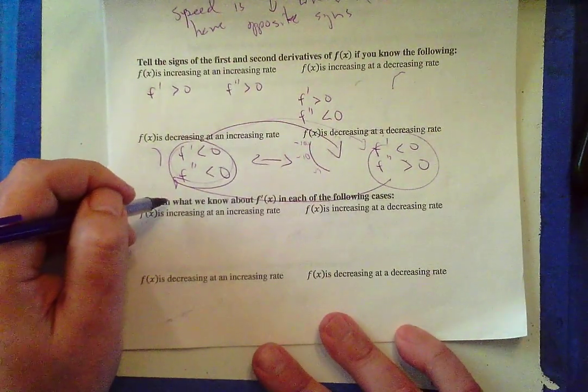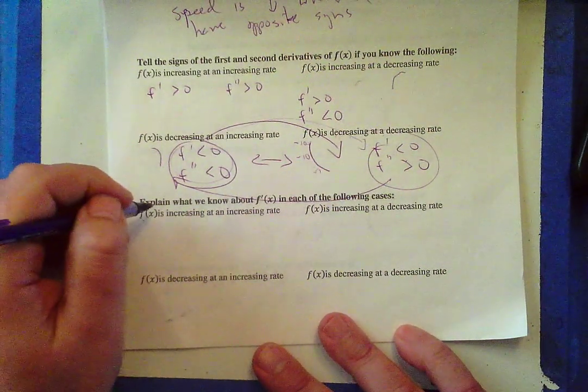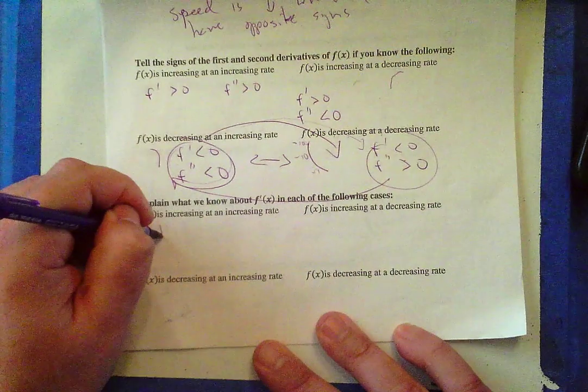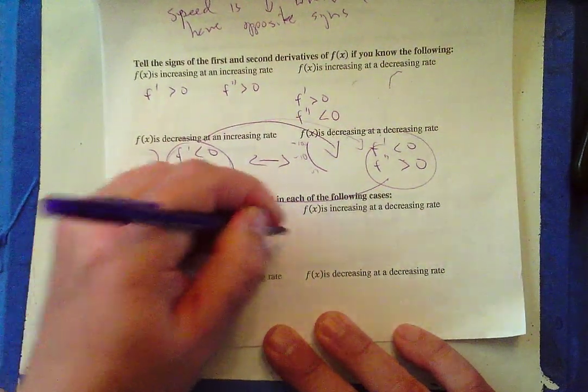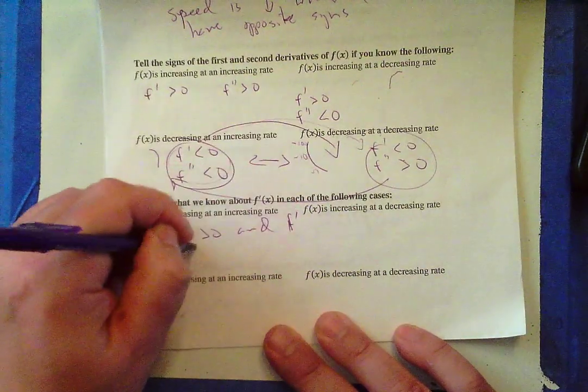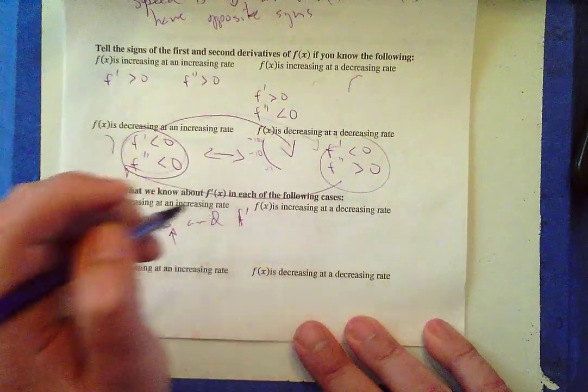What do we know about f prime in each of the following cases? Increasing at an increasing rate. We know that f prime is greater than 0 and f prime is increasing. f is increasing at a decreasing rate.